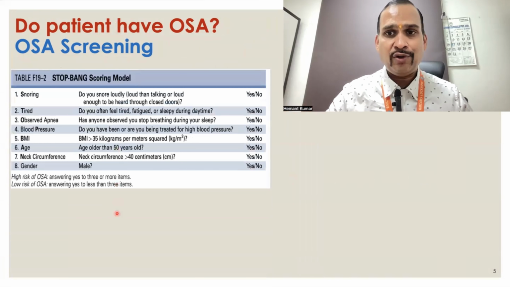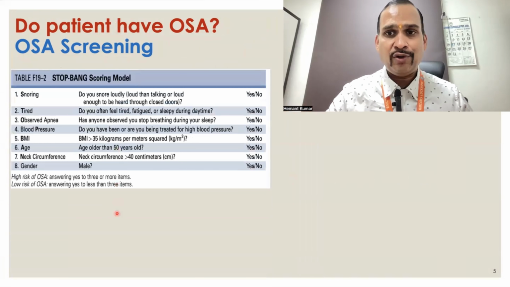Now we have to understand what the indications for sleep study, polysomnography, are. Of course, diagnosing sleep related breathing disorders. What are they? Like obstructive sleep apnea, obesity hypoventilation syndrome, and central sleep apnea. So these are the sleep related breathing disorders. Then preoperative PSG.